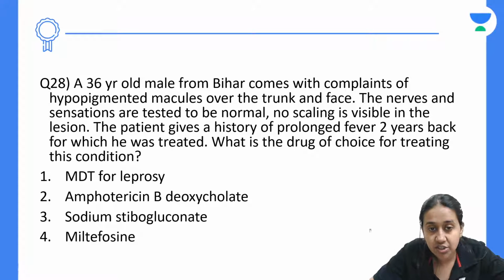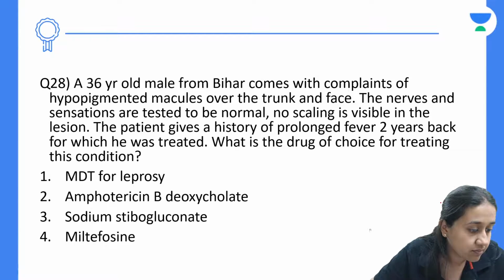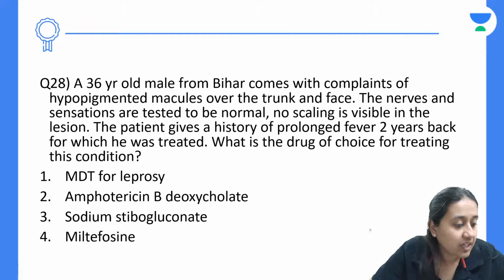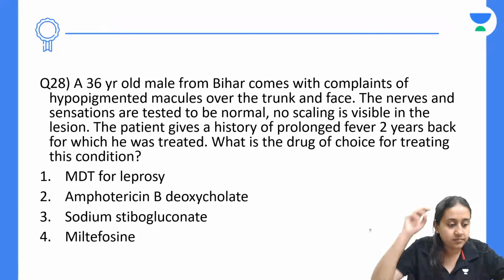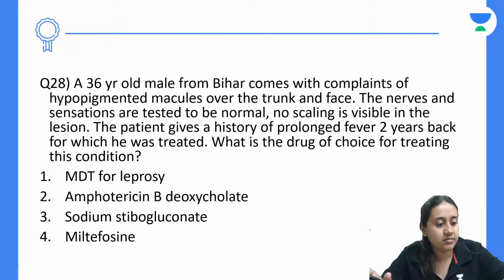The nerves and sensations are tested to be normal. No scaling is visible in the lesion. The patient gives a history of prolonged fever of 2 years for which he was treated. What is the drug of choice for the patient's condition? Can you tell me the correct answer here?